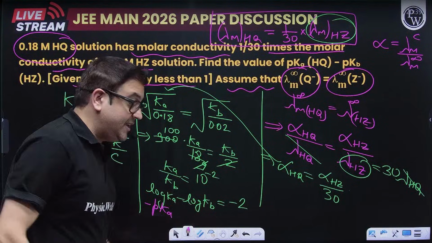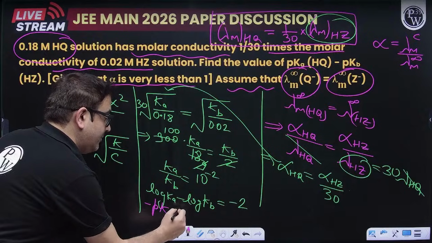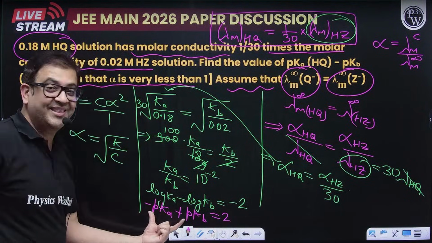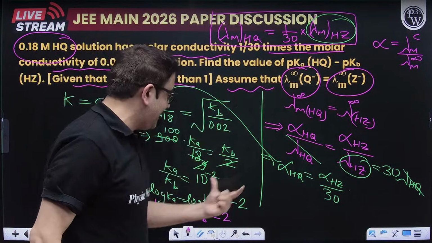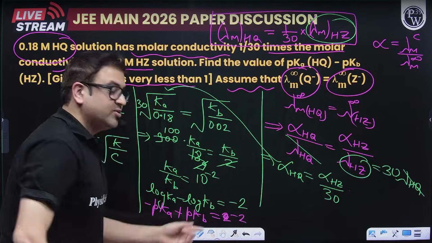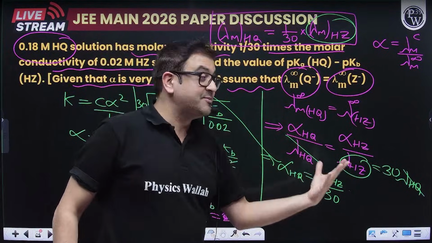This is minus pKb, so this is plus pKb, which is given to be 2. Now they are asking pKa minus pKb, so subtracted by 2. Sorry, this will be minus 2, so subtracted by 2, what you will get is plus 2.